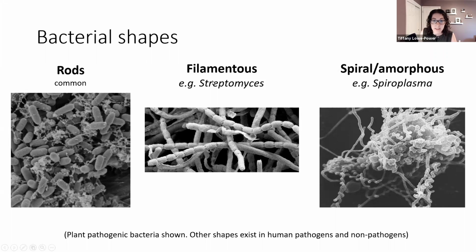There's also some plant pathogens in the Streptomyces genus that are filamentous, and these used to be confused for fungi because of their filamentous structure, but they are bacteria. And then there's also some very weird bacteria in the spiroplasma and phytoplasma groups that are spiral or amorphous because they don't have true cell walls.